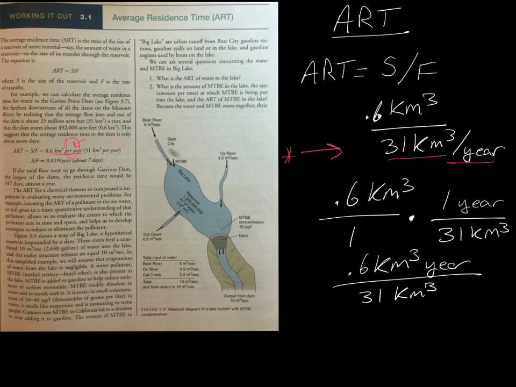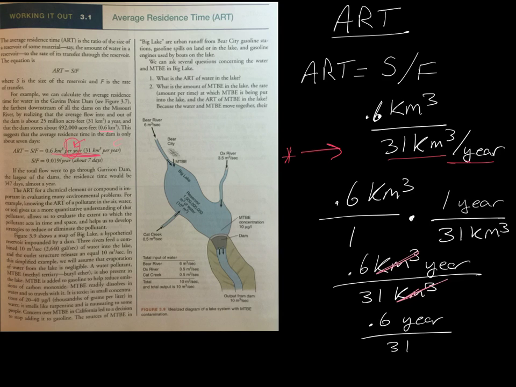Okay? And when you do that and you cancel things out, you'll see kilometers cubed cancel out. So what you end up with is 0.6 years divided by 31. Now, that's where I think they made a mistake. I just don't understand where this notation comes in at all.